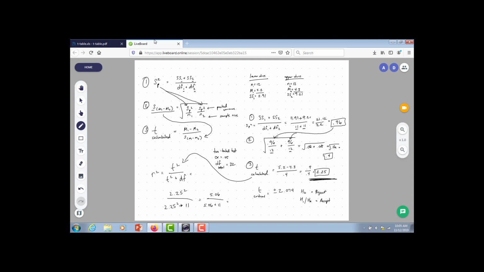We end up with 16.06, 5.06, and then when we divide 5.06 by 16.06, we end up with 0.32. We convert that to a whole number, we end up with 32%.